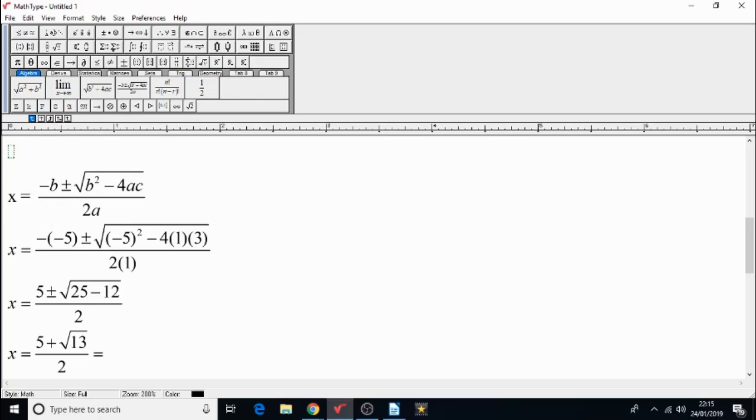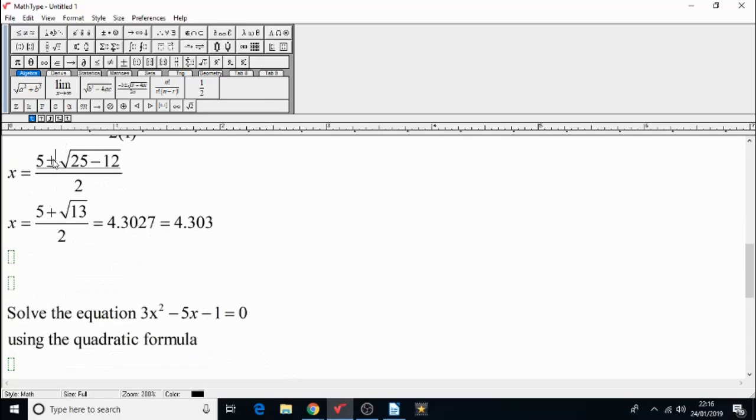What does that equal? To 3 decimal places, it'd be 4.3027, which is 4.303. So you've worked out your first value for x.